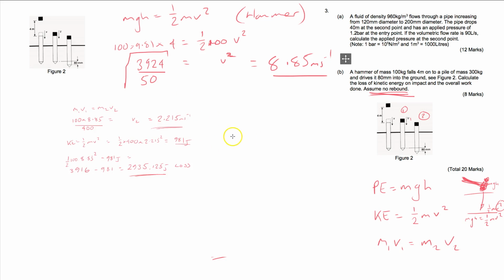Okay, so what we're trying to achieve here, I'll do this in black now, is this is the kinetic energy of this situation. They've given us 80 millimeters for a reason. We can work out the potential energy converted here. So P equals mgh.